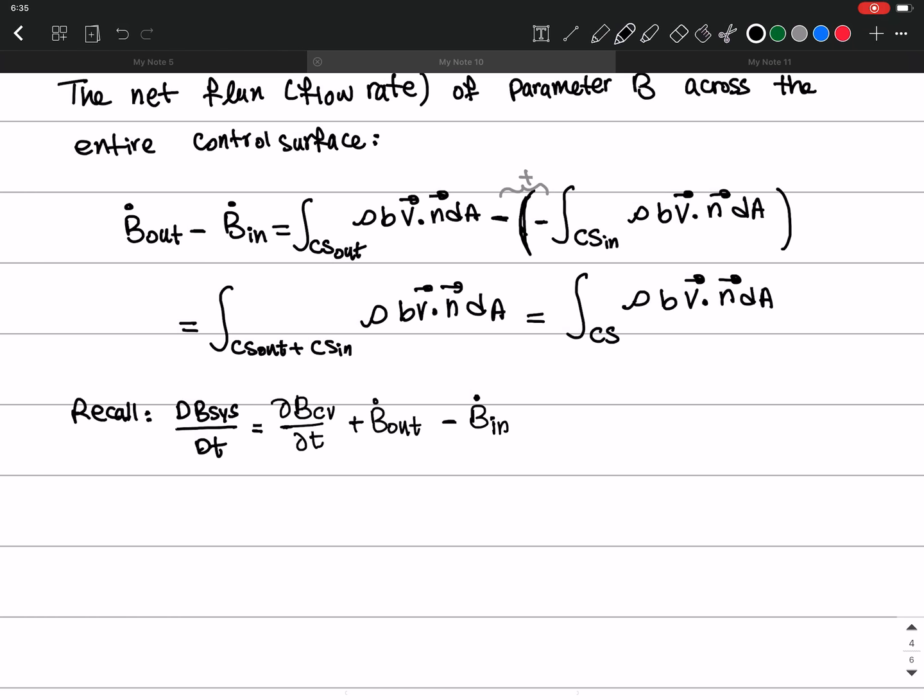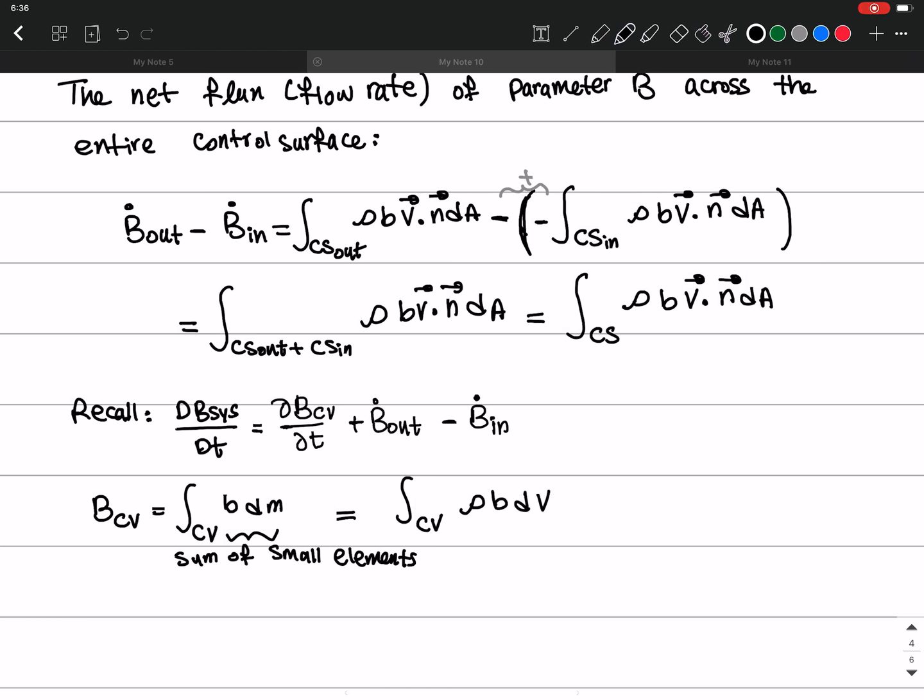So B CV is the integral now over the whole control volume of b dm. This is again the sum of small elements, equals the integral over the entire control volume of rho b dV, where instead of dm I just write rho dV.